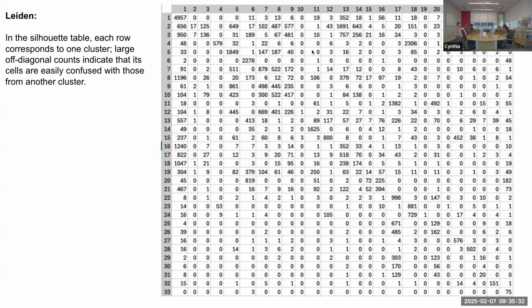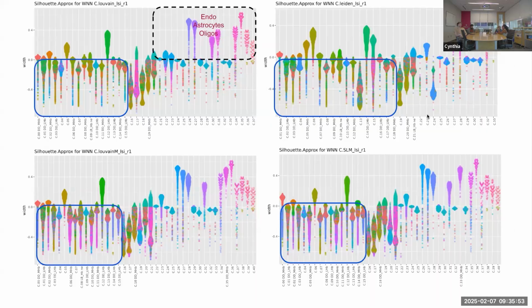Large off-diagonal counts indicate that the cells are easily confused with those from another kind of cluster. So we can know exactly how many cells are in that situation to make a deeper analysis. We do the same with all the clusters that we pre-select.